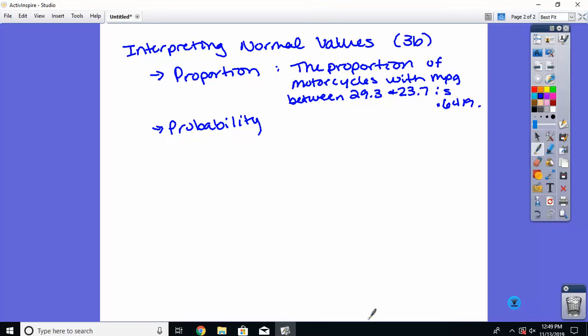So if I found all the motorcycles in my sample and took the ones with the mileage between those numbers, I would get 0.6419. That's thinking of it as a proportion.